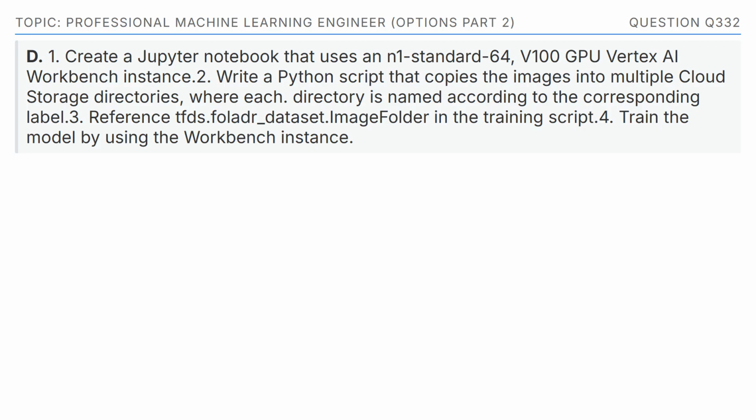Create a Jupyter notebook that uses an N1 standard 64 V100 GPU Vertex AI Workbench instance. 2. Write a Python script that copies the images into multiple Cloud Storage directories, where each directory is named according to the corresponding label. 3. Reference tfds.folder_dataset.ImageFolder in the training script. 4. Train the model by using the Workbench instance.